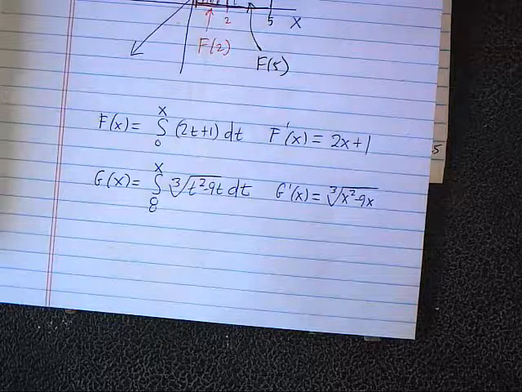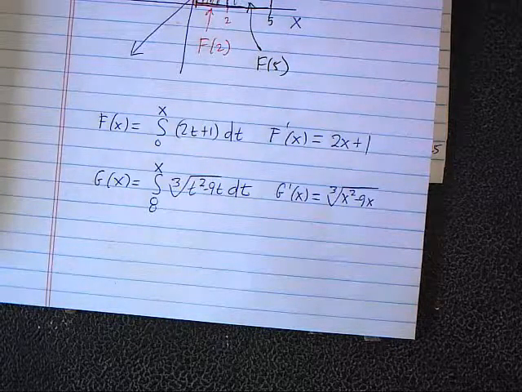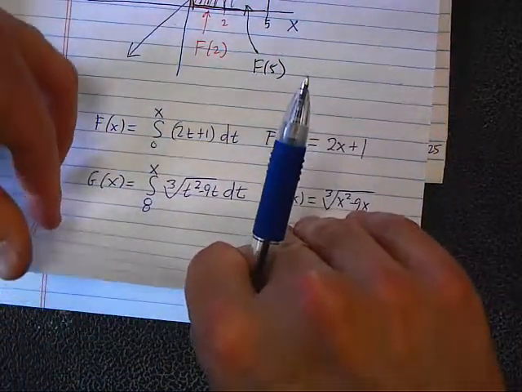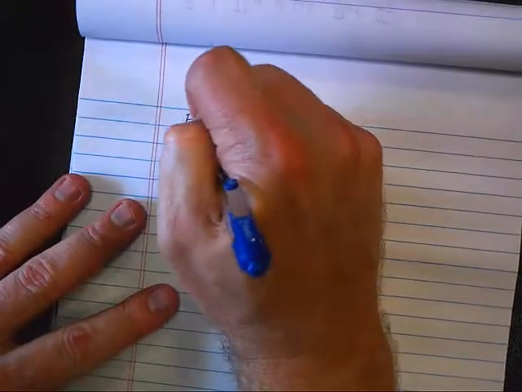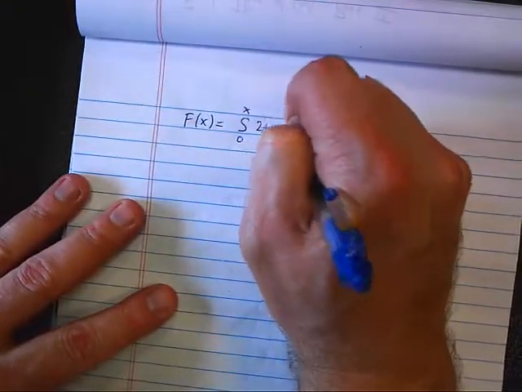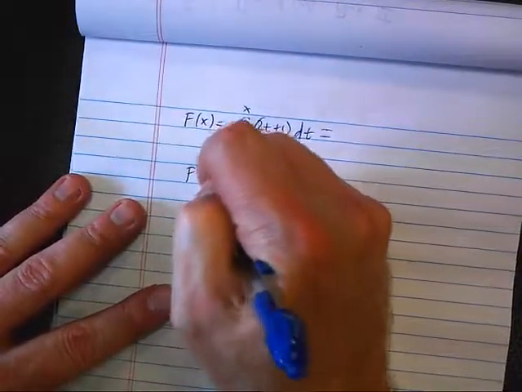Here's what a lot of people will do on the test. They'll make this problem much, much harder. How could you make this problem much, much harder? What they will do is they will try to take the antiderivative. You can't do it for that one, but just for example, let's go back to this f of x. F of x is the integral from 0 to x of 2t plus 1 dt, and I'm going to ask you, find the derivative.